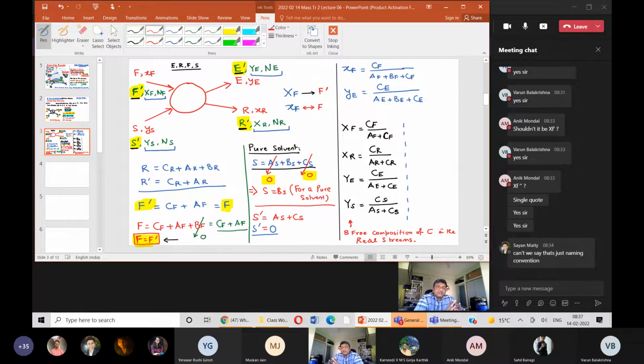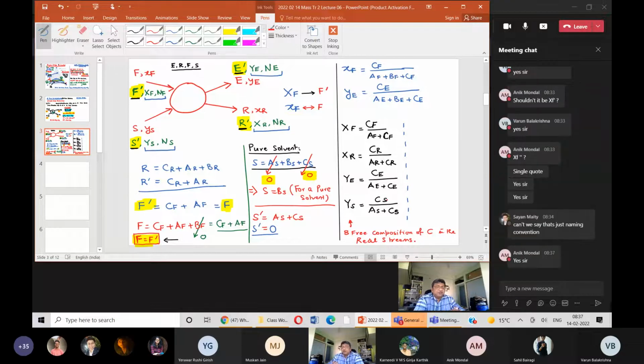Onik, do you understand? These are the B-free composition of C in the real streams. It so happens that for most cases, your feed is solvent free and therefore F is equal to F dash. Is this clear to everyone? And I am telling you, this is not the easiest thing. That's why I'm going so slowly and taking time. Is it clear to all? So the whole class now understands these four.